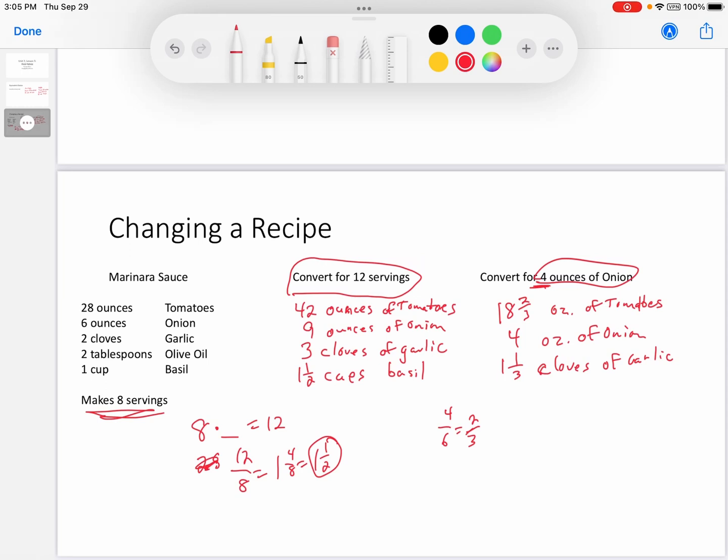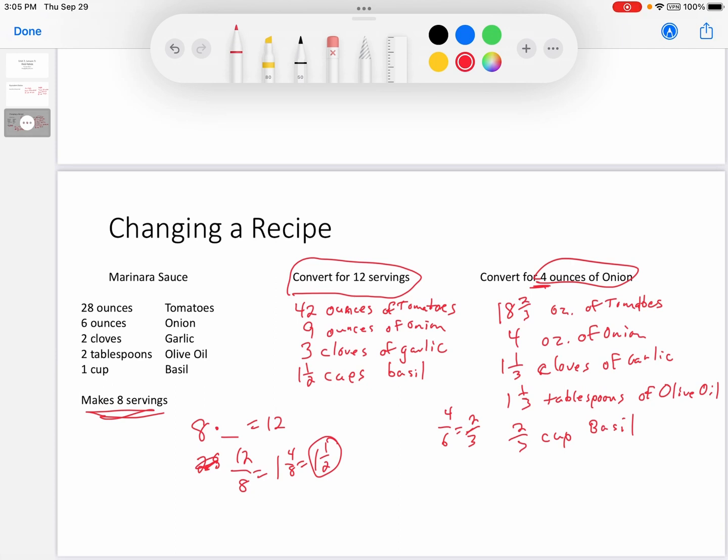What you do is you find one regular size and one really tiny clove of garlic, and then you've got it. 2 times 2/3, again, is 1 1/3 tablespoons of olive oil, and that you would actually have to measure. 1 cup times 2/3 is 2/3 cup of basil.